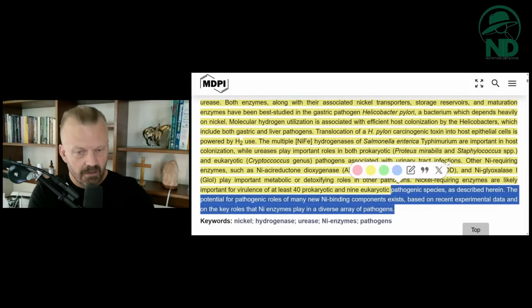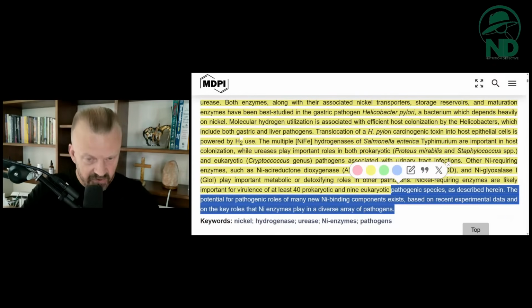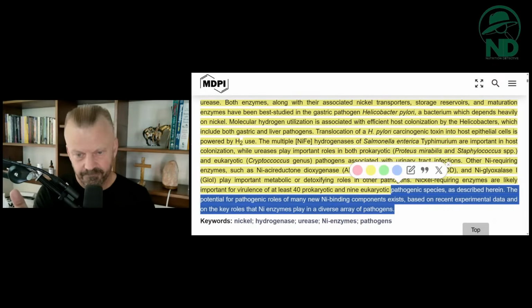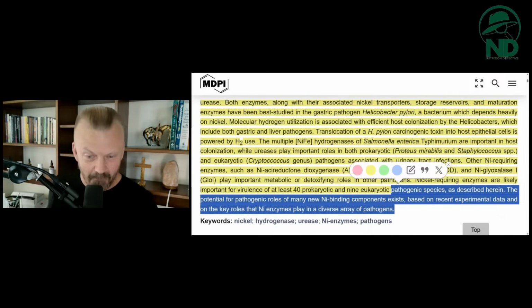And it creates ammonia and carbon dioxide at the same time. The ammonia is not good for us, but ammonia helps alkalize the environment around them so they are not damaged by acids. So urease is critical to certain bacteria's survival and virulence in terms of becoming bad for you. One of the ways they do that is they make a lot of ammonia.